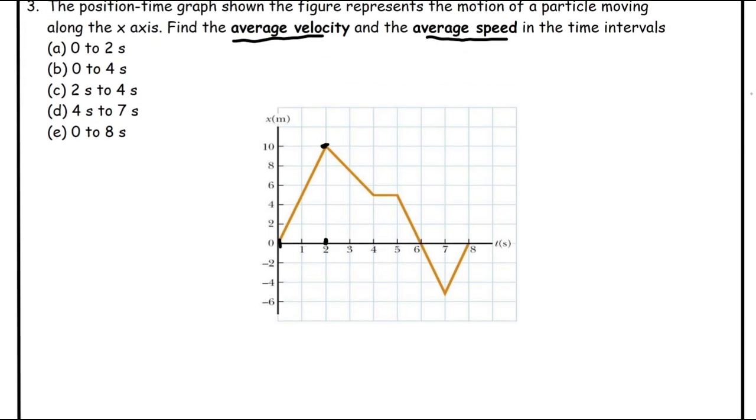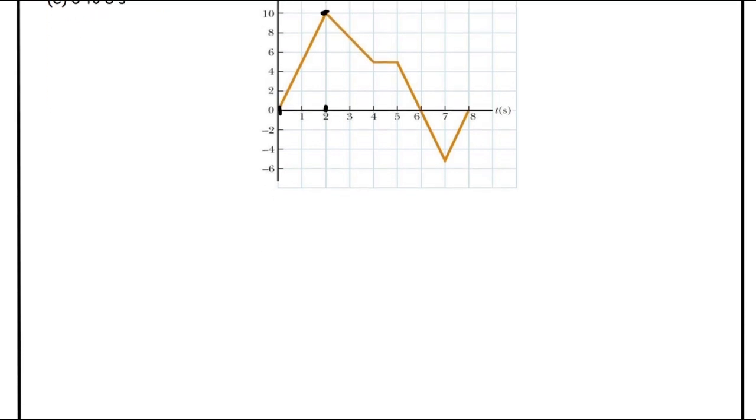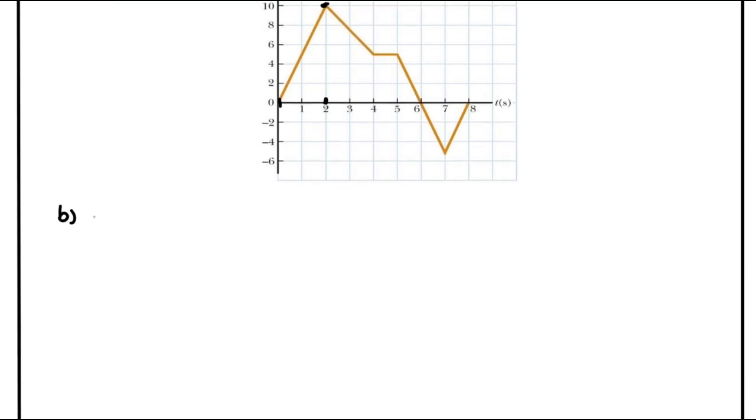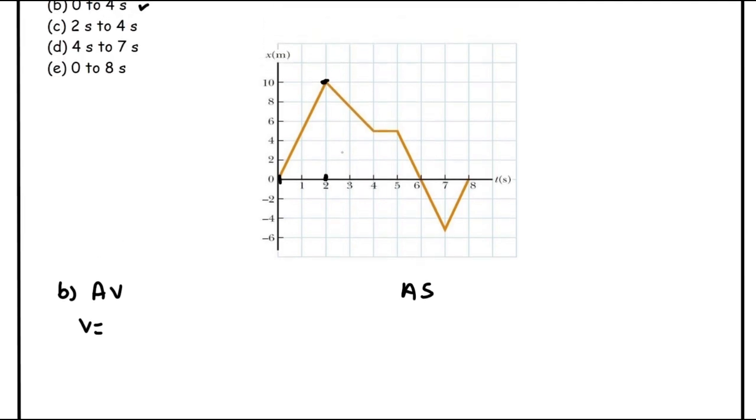What's the second time interval? 0 to 4 seconds. Average velocity, average speed. Average velocity: it's from 0 to 4 seconds. So we come to 4 seconds and see what the position is.